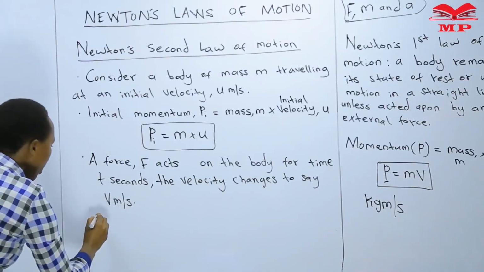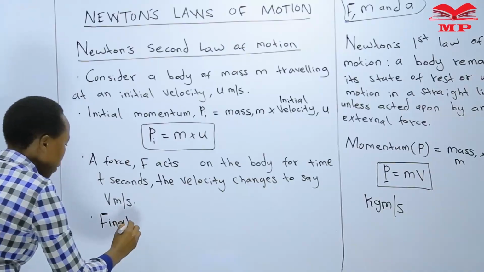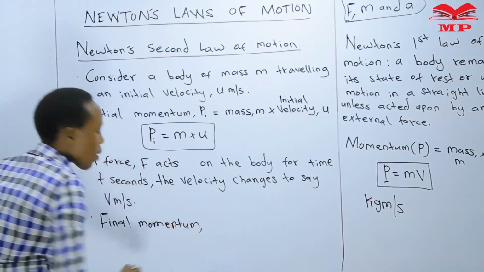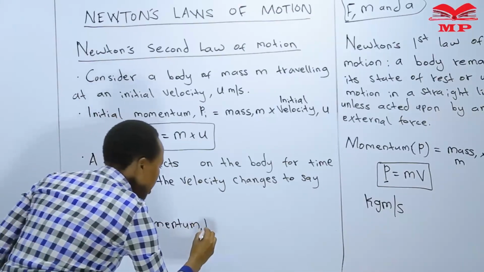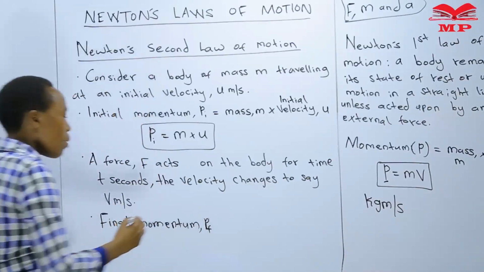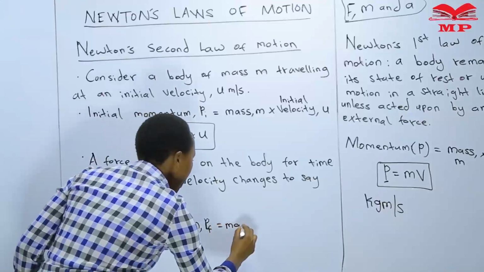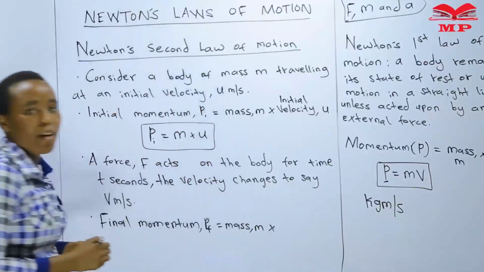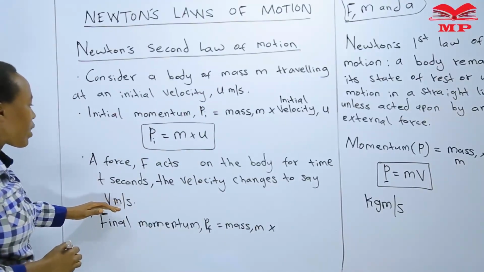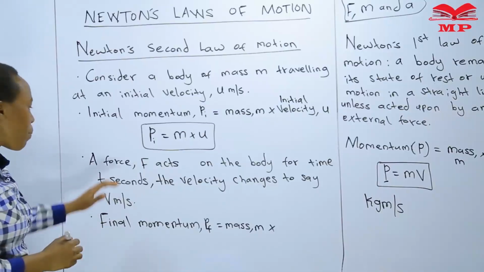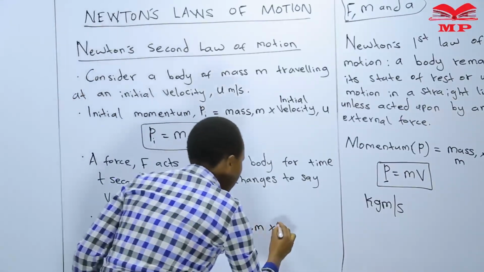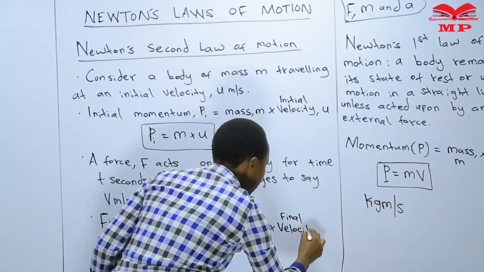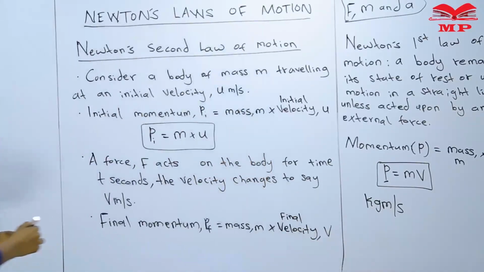And therefore we now have the final momentum after the force has acted on that body. Our final momentum, which we can write as Pf, will be equal to the mass m multiplied by the final velocity v.